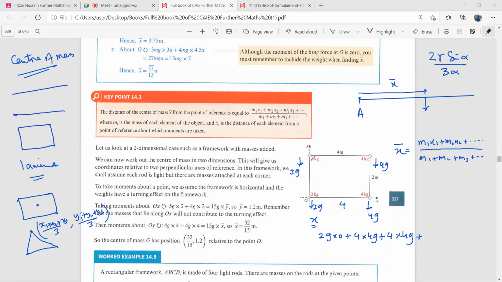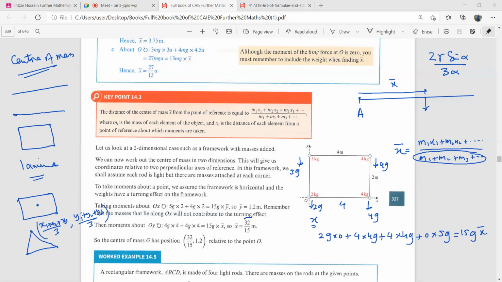Plus this 5g, which has the x coordinate 0, so 0 times 5g. That is equal to the sum of all the masses, as the formula suggests: 2 plus 4 is 6, plus 4 is 10, plus 5 is 15. So this is going to be 15g times x. This way you get the x coordinate of the center of mass.